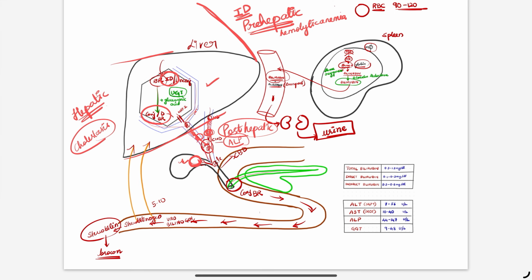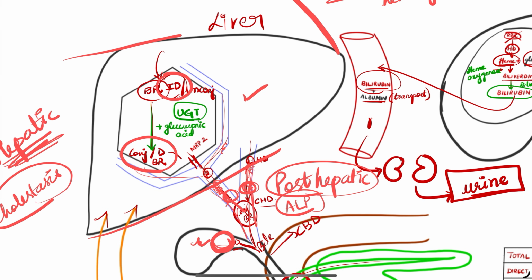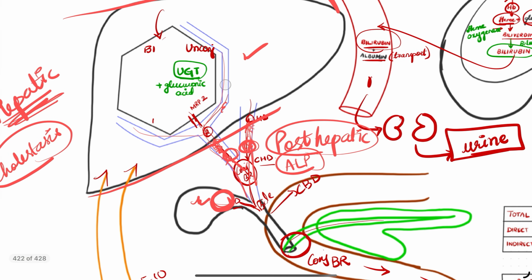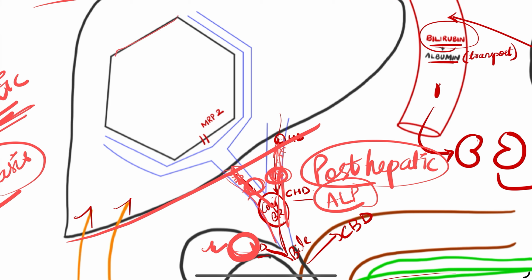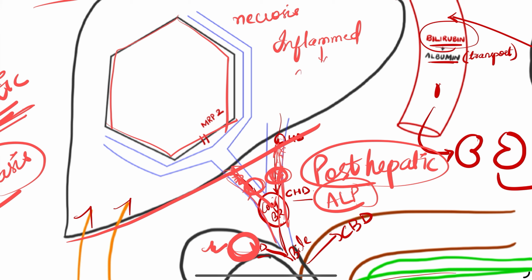Coming to the hepatic causes, it can be because of hepatitis, inflammation of the liver, and viral hepatitis is the most common reason. Whenever there is a viral hepatitis, the liver cell may either undergo necrosis, there are two outcomes, necrosis, and few others become inflamed and release massive cytokines.